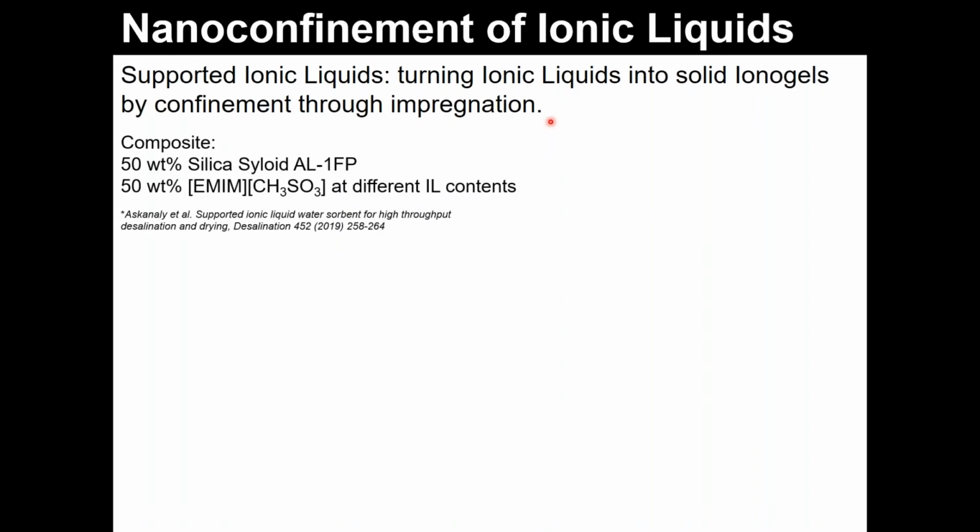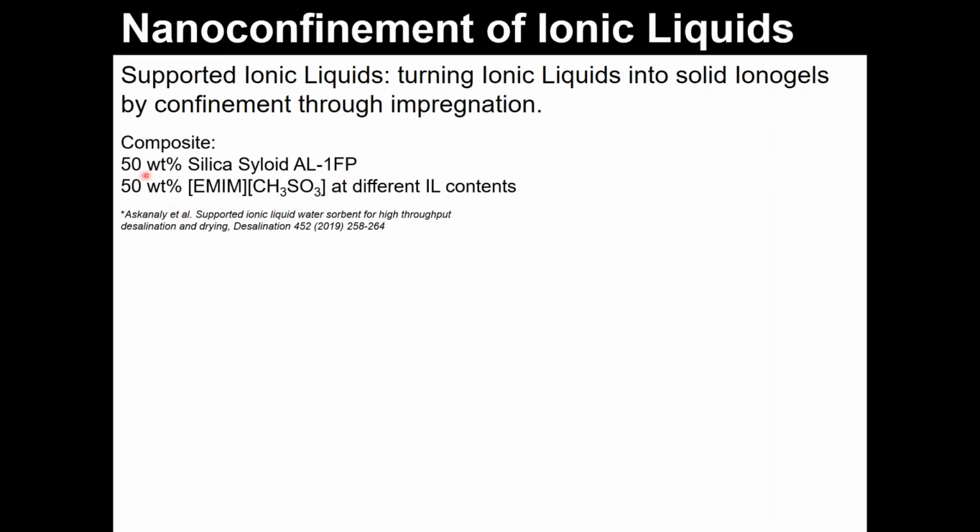And this is what we initially did in our laboratory by using a silica. This is a Syloid AL-1FP, a particular silica with high density of OH groups on its surface.